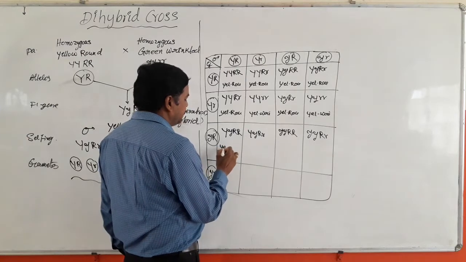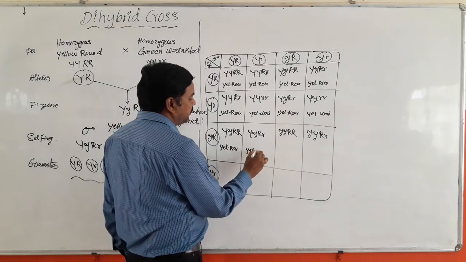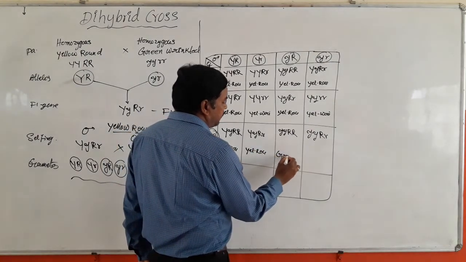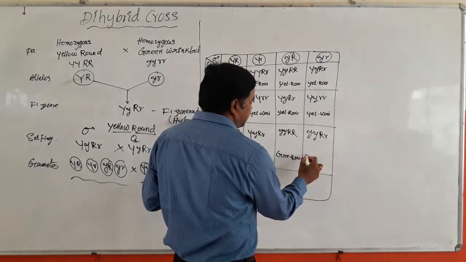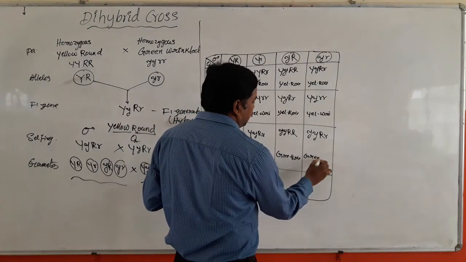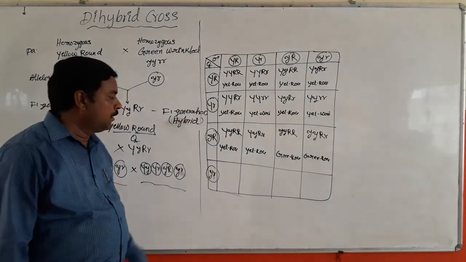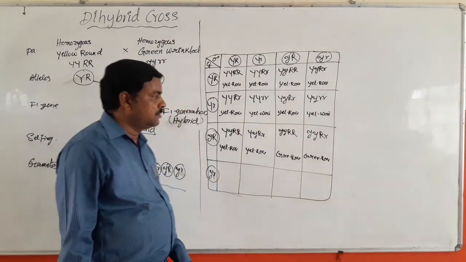This is a yellow round, and also yellow round, and this is a green round. And what about the next one? This is also green and round. Yellow round, green round.